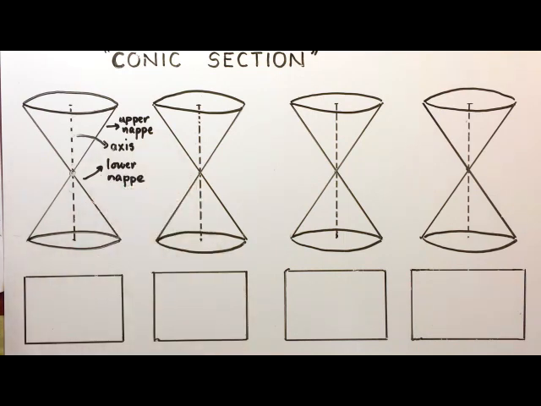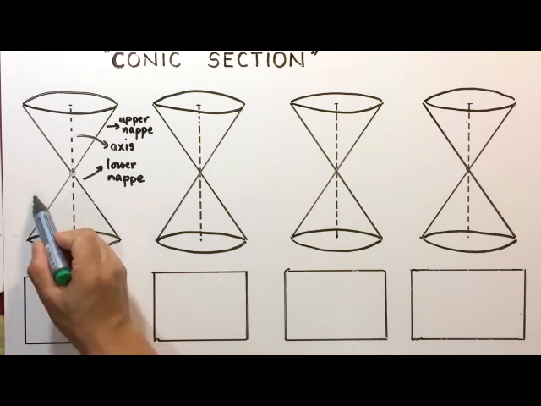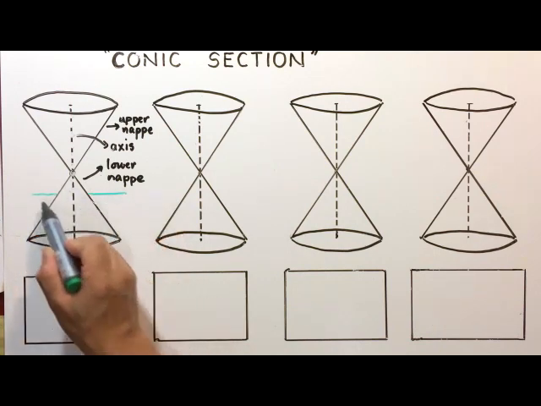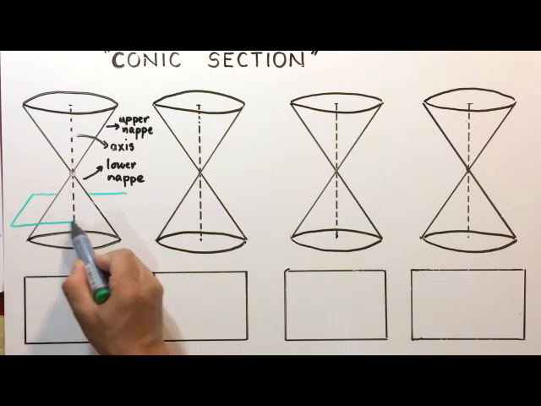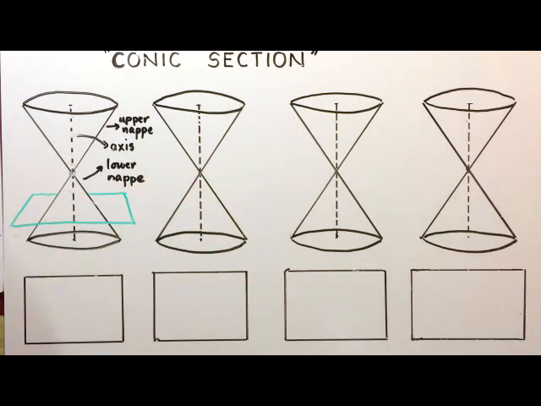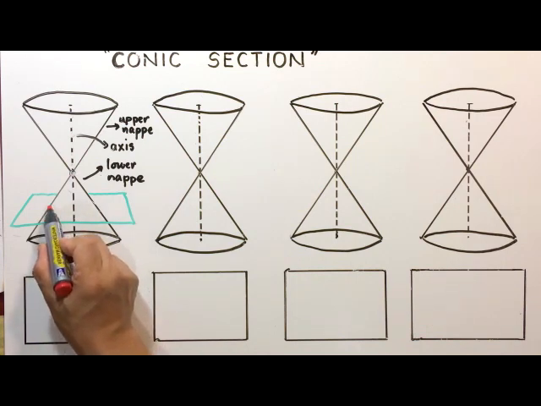Now, what if I draw a cutting plane that is perpendicular to the axis of the conic? Suppose my cutting plane is like this. So you see, that's my cutting plane. Now, the intersection made by this cutting plane to the cone has a form like this.